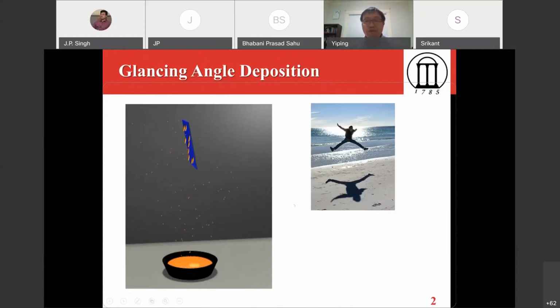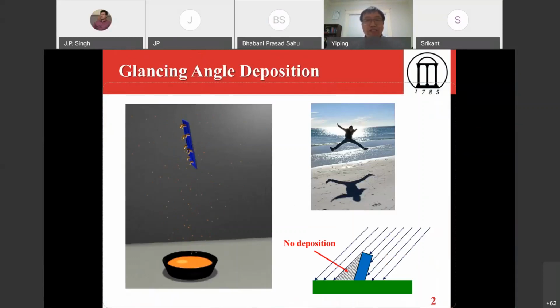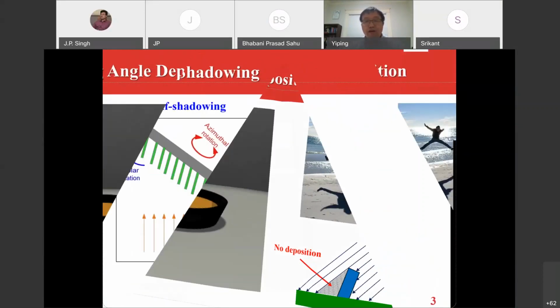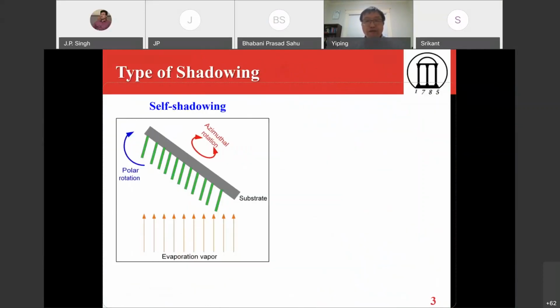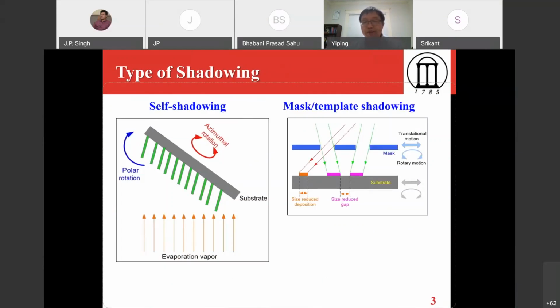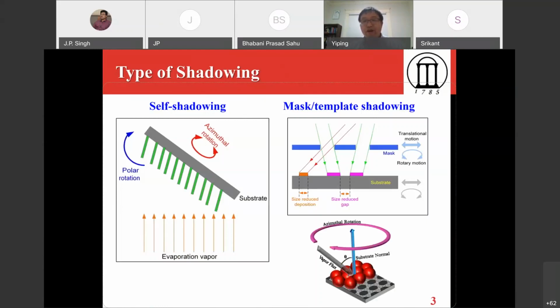However, in a broad sense, if people can manipulate not only the self-shadowing, but can also use different kinds of mask or template, you can also dynamically change the shadowing effect, right? So that is a very broadly defined glancing angle deposition technique in my sense.